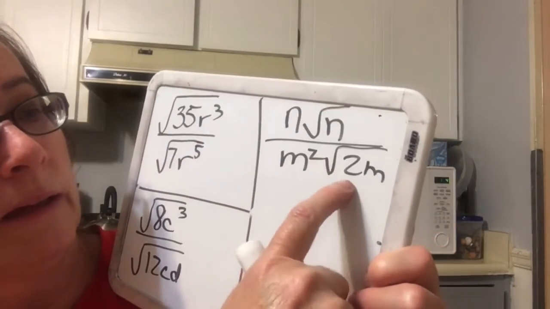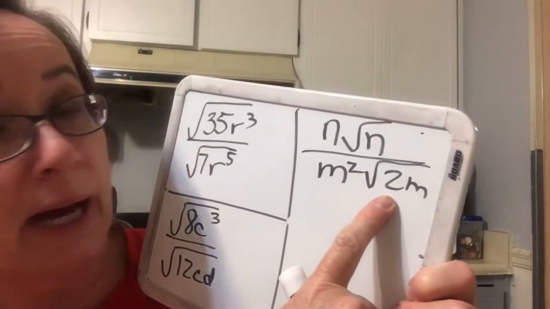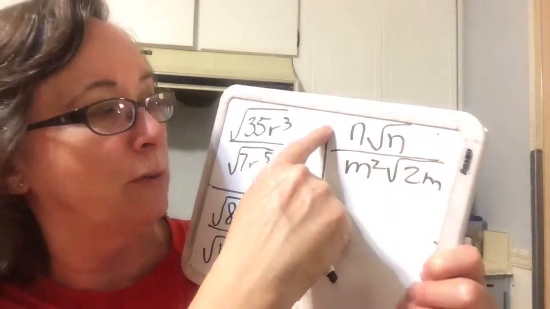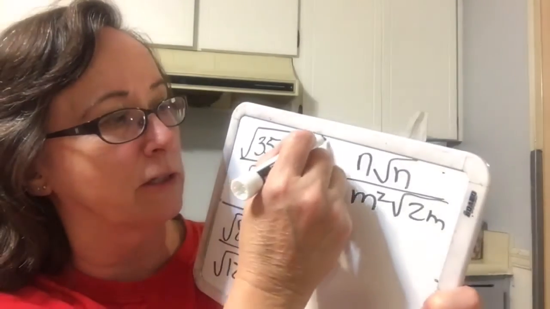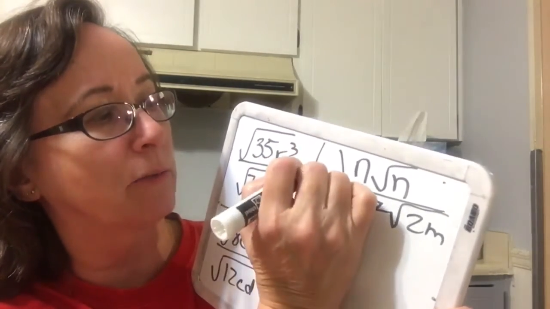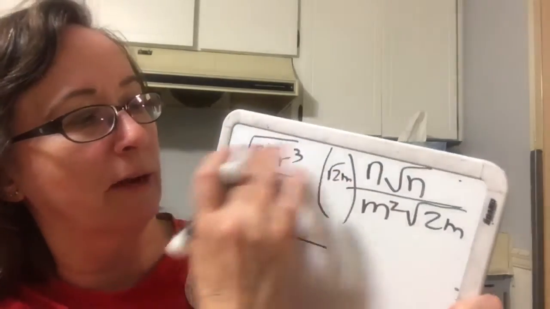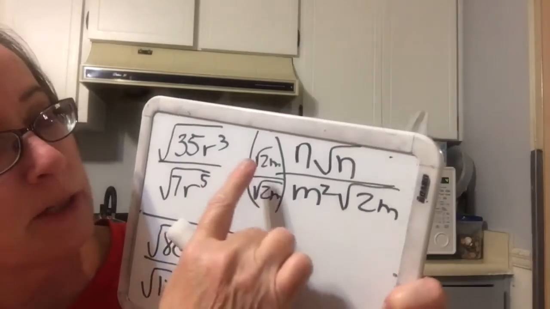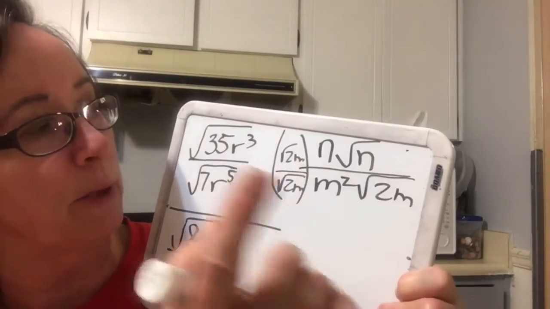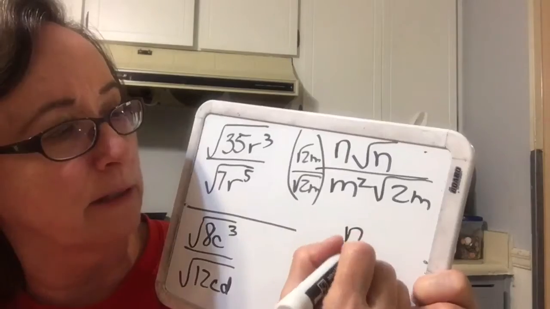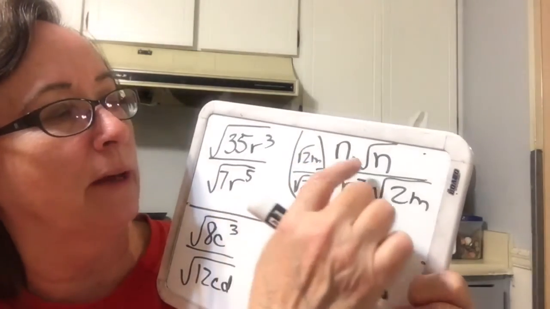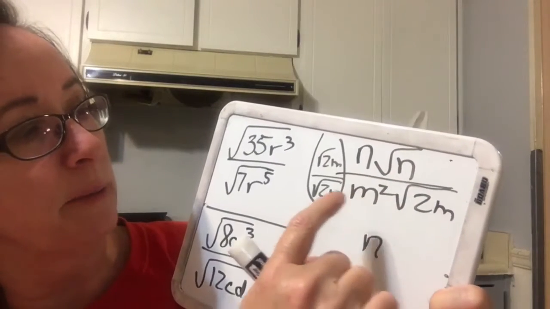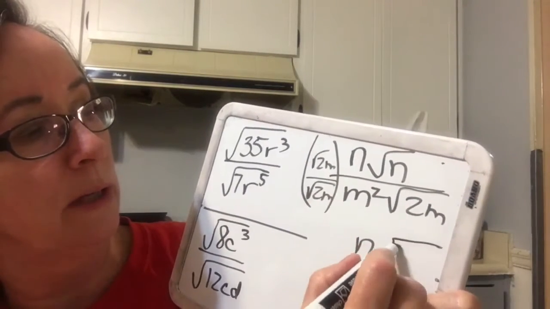And when we look at that, we say, oh, we've got to multiply by a radical 1. We've got to multiply by the square root of 2m in the form of 1. So let's just do that right here. And we get the square root of 2m. Just ignore that right there. That's a different problem. Okay, so we multiply by the square root of 2m over the square root of 2m. So now what do we have? N is out, and the square root of 2m times the square root of n is going to be the square root of 2mn.